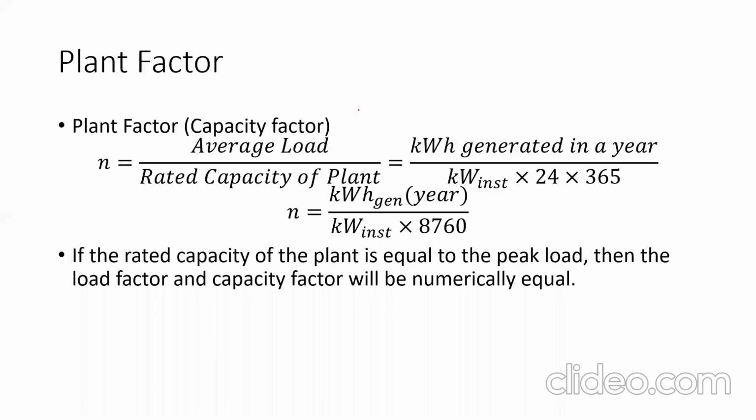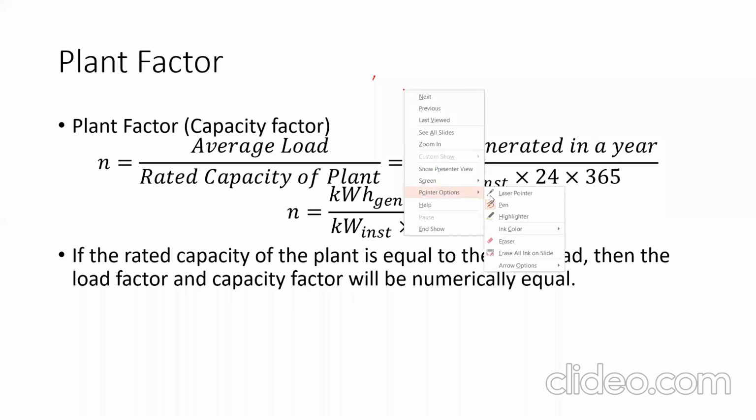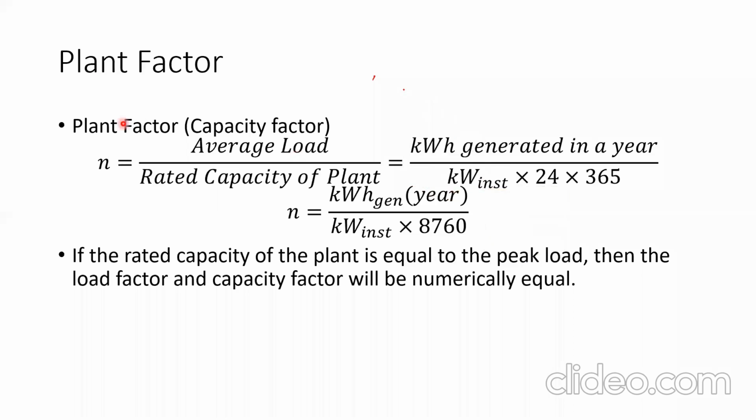Next factor is the plant factor. A plant factor is also known as a capacity factor. It is given as n is equal to average load divided by rated capacity of plant.